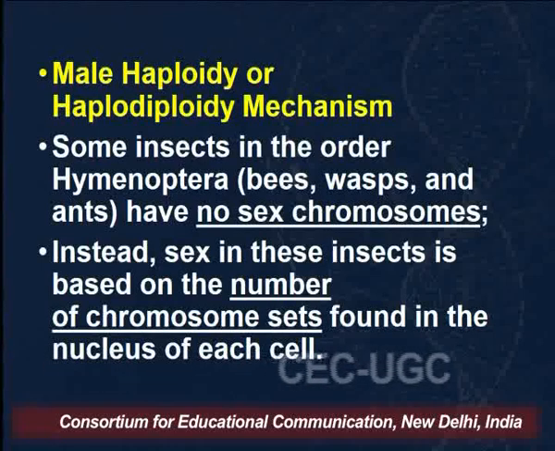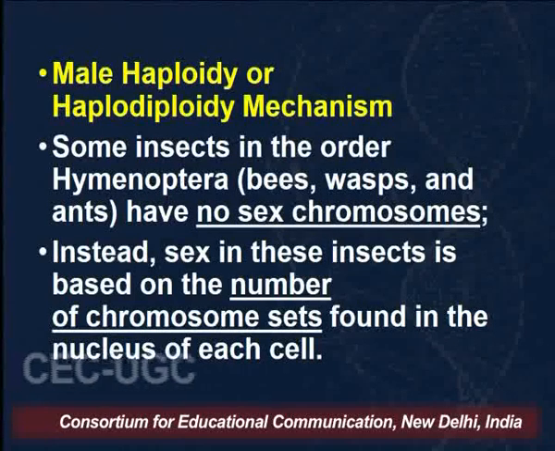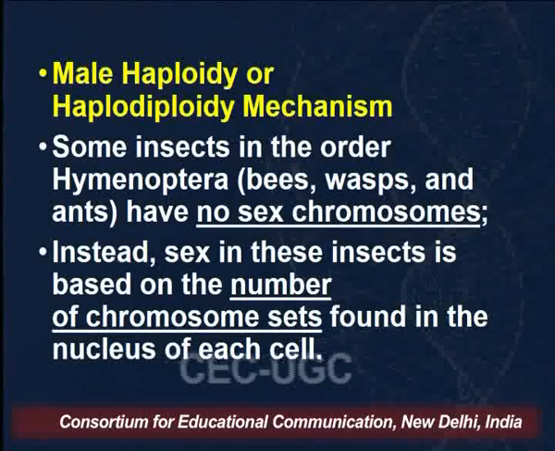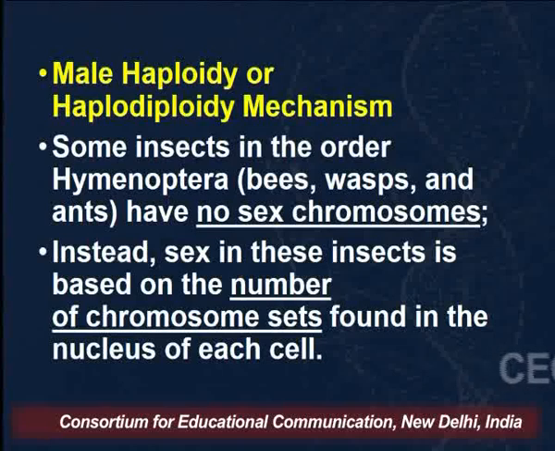But then next, when we see a situation of sex determination, it is very, very interesting, because in some insects there are no sex chromosomes at all, and yet there is a perfect mechanism of sex determination.